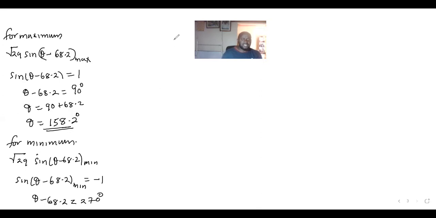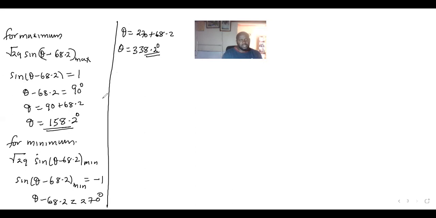So the angle of theta that gives the minimum value of the function is 270 plus 68.2. Therefore, theta is equal to 338.2 degrees. So the minimum occurs at 338.2, the maximum occurs at 158.2. As it varies, you can find the value of theta which predicts the maximum value, and the value of theta which predicts the minimum value.